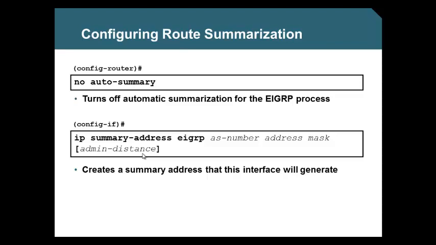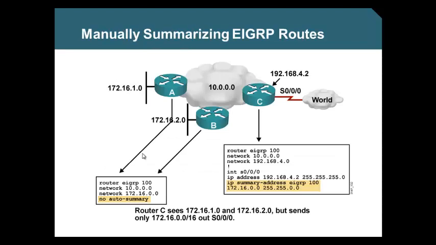It's optional. If you want to set some other number, you may set it. 5 is the default. So this is an example of the global summarization command and the interface level summarization command.